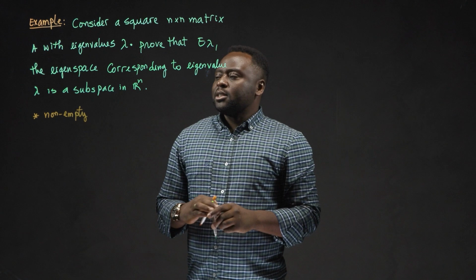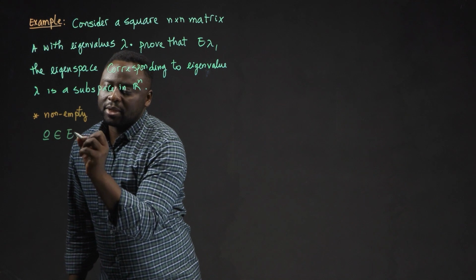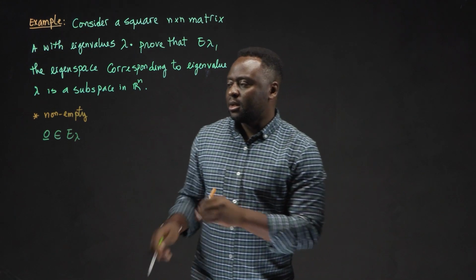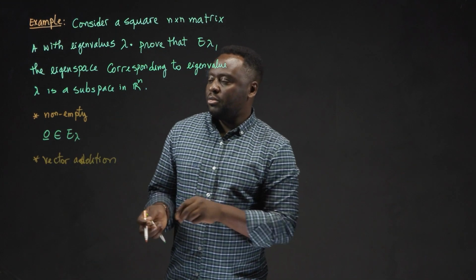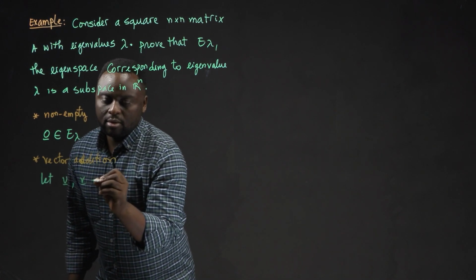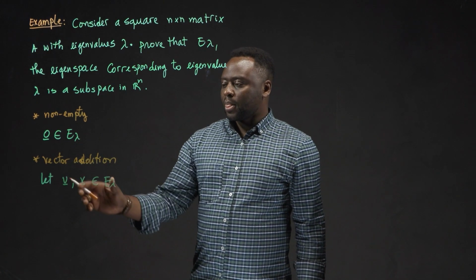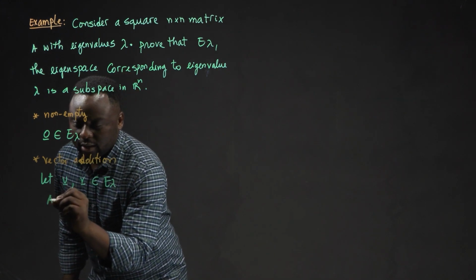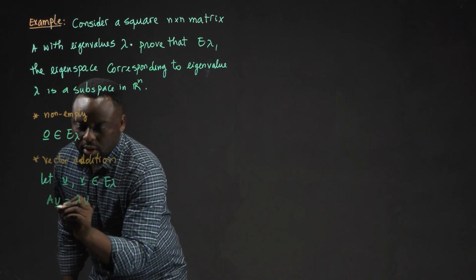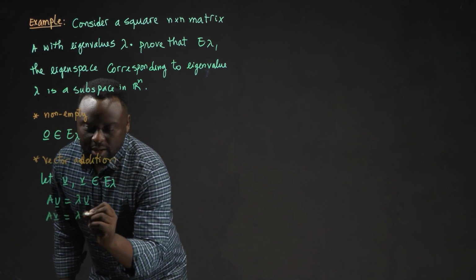All right, to show that it's non-empty, we just have to say that the 0 vector belongs to the eigenspace E lambda. For vector addition, if we let u and v belong to the eigenspace E lambda, then by definition A times u is equal to lambda u. Also, A times v is equal to lambda v.